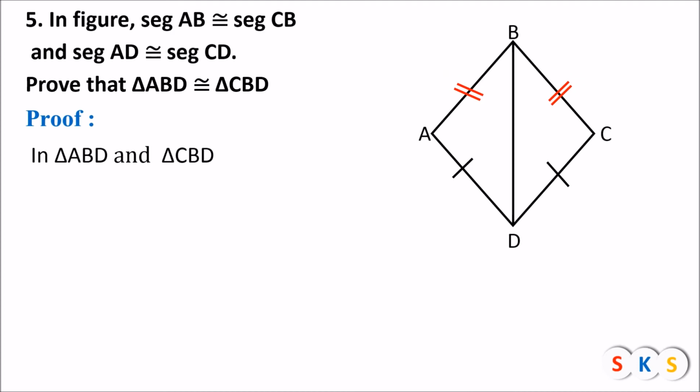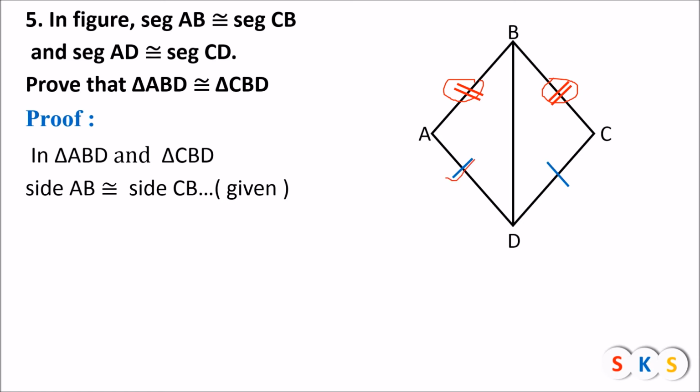Therefore, side AB is congruent to side CB. Here, side AD and side CD have the same kind of mark. Therefore, side AD is congruent to side CD.